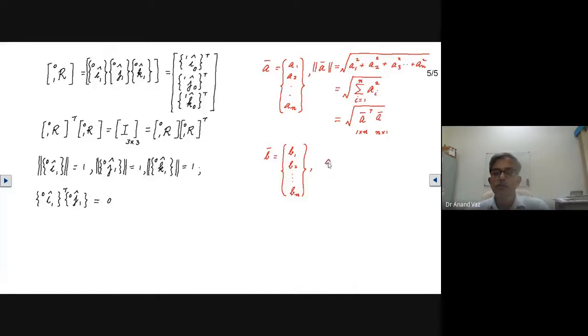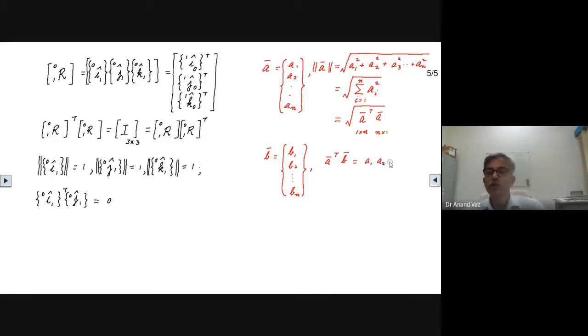What will A transpose be equal to? See, A is here, so we will write A transpose as equal to A1, A2.